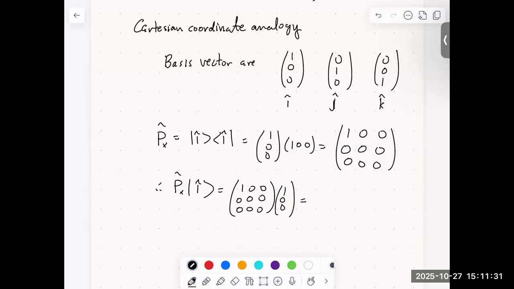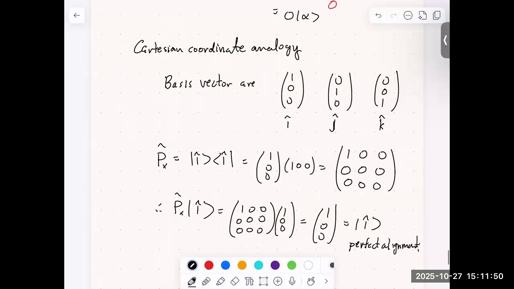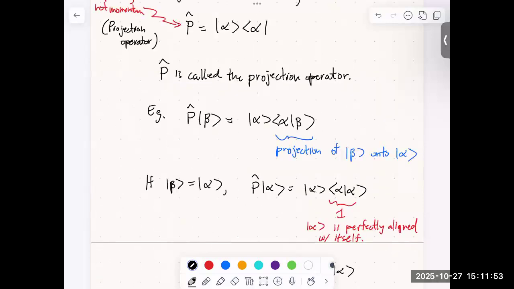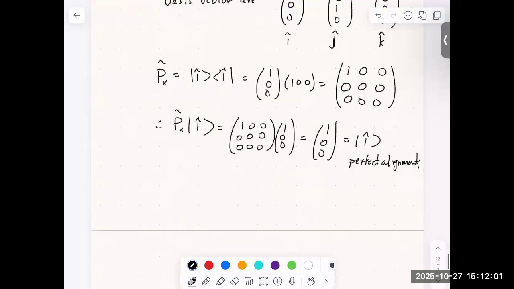It's going to be 1. And then we're going to get 0 times 1 plus 0 times 0 plus 0 times 0. It's going to be 0 and 0. And that's just equal to i hat. So it's perfect alignment. And so this is analogous to what we said here, where if we said beta was equal to alpha, we get perfect alignment itself. And so that's the analogous statement.